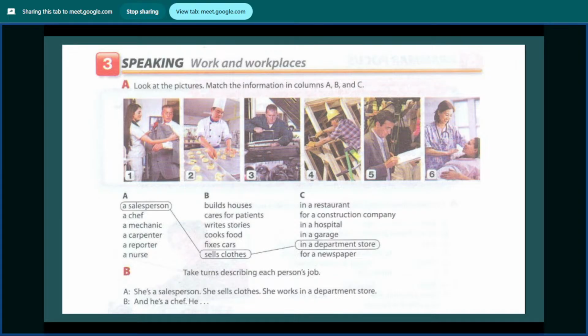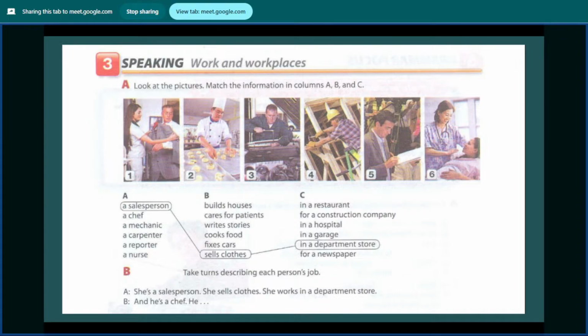Mechanic fixes cars. फिक्सेस. एस आहे. Fixes cars in a garage. Carpenter cars for paints. कारपेंटर काय? नाही.